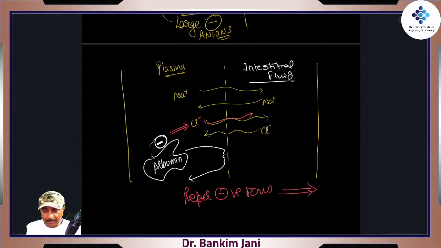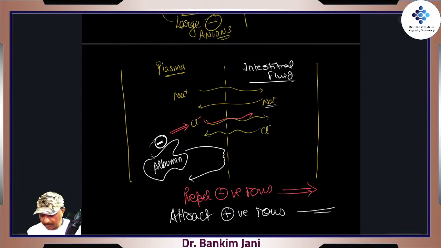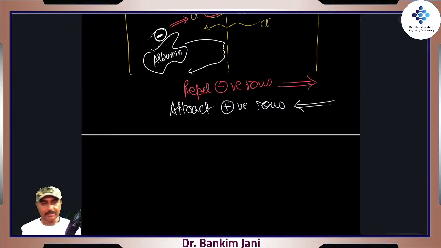And from a distance, it will attract those positive ions, those cations, from the opposite side. Yes, you come here. How much this will happen depends upon the negativity of albumin. The final result is the same.